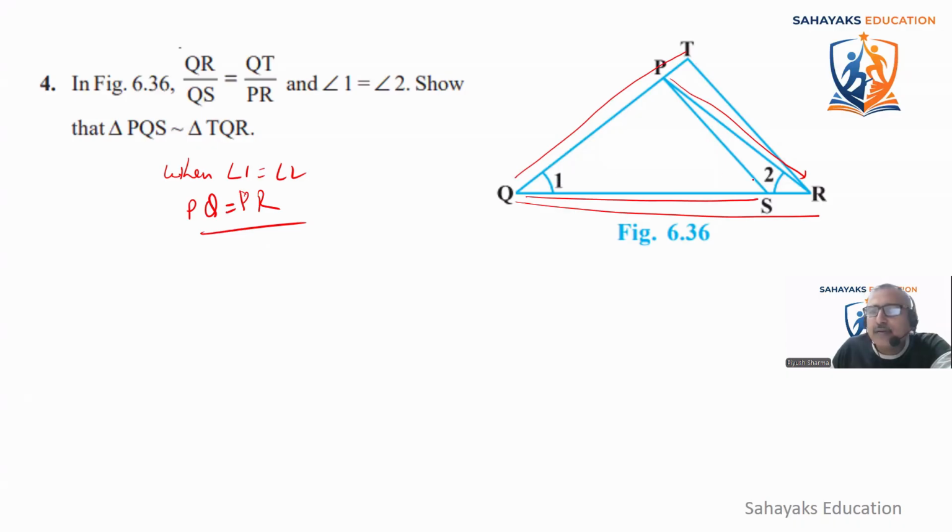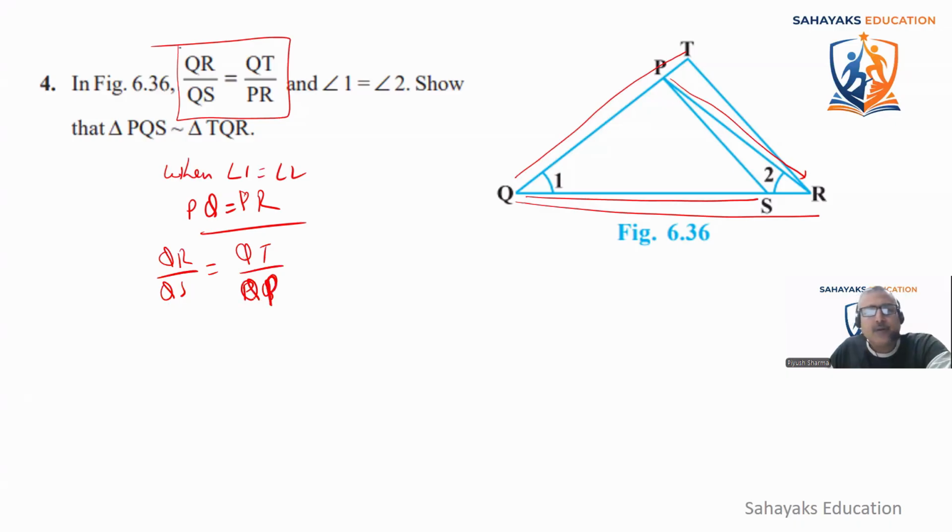So when PQ is equal to PR, this is already given. So instead of PR, I'll write PQ. So it becomes QR divided by QS is equal to QT divided by QP. Okay. So these sides are proportionate.